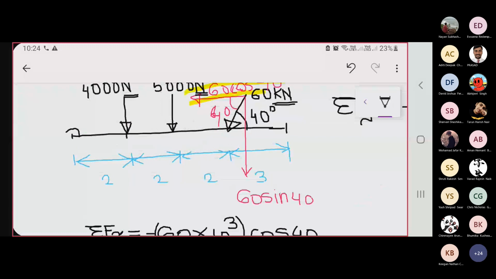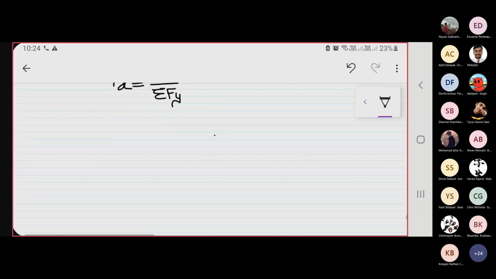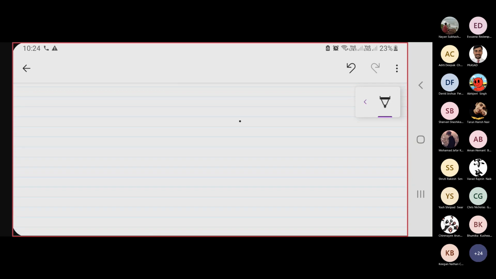We'll consider this point as a point E. Any point you consider. From here, you can find out the position. What will be the distance of intercept? So first, what you have to do? You have to take a moment. Let's do it. I'll draw it again here.